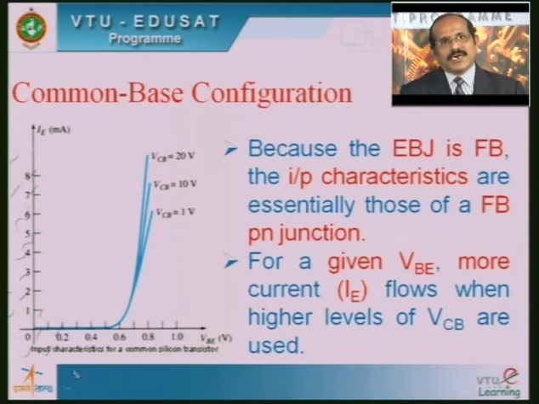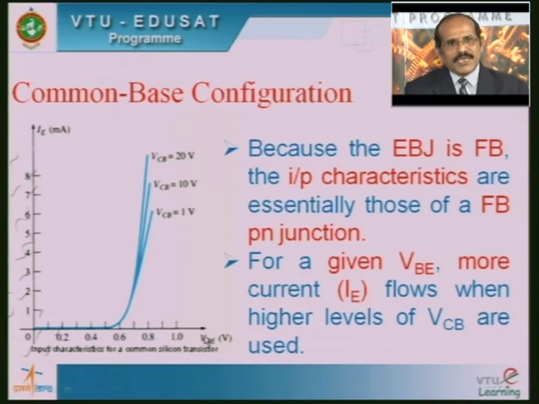Therefore the input characteristics of the common base configuration are almost similar to those of a forward biased PN junction. Until VBE, the input voltage, becomes equal to the cut-in voltage, the current will be 0.